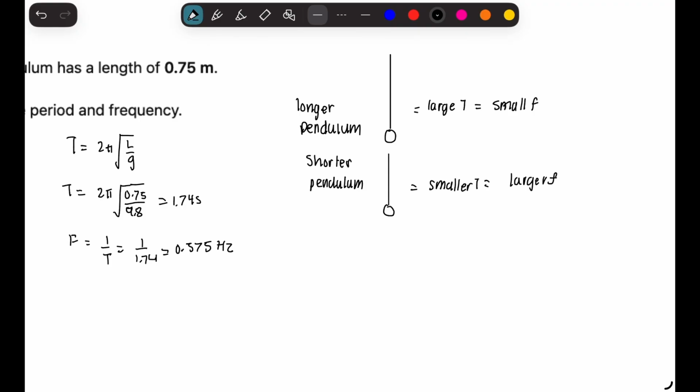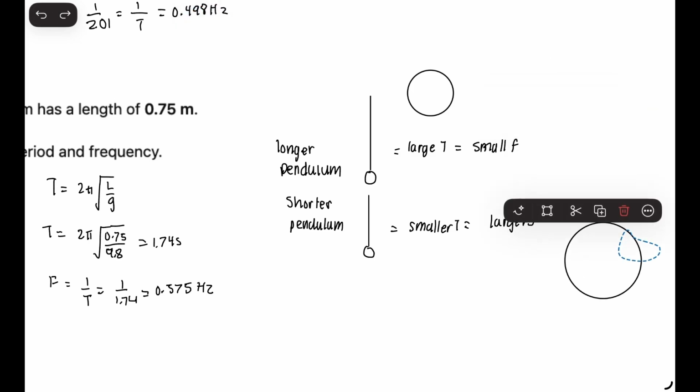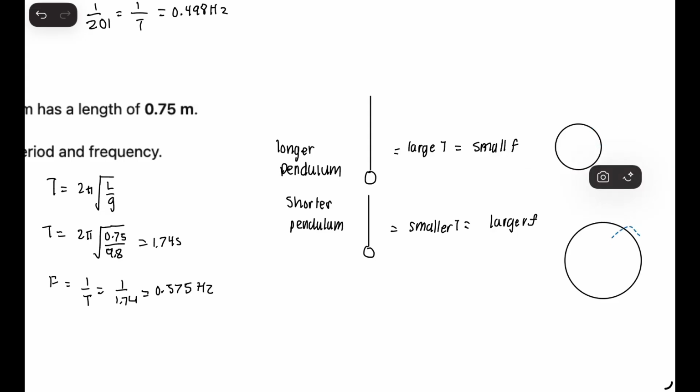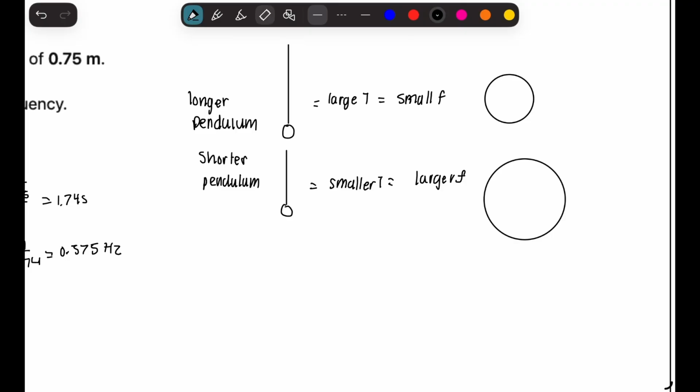You can think about this like a circle, in terms of rotational and angular velocity and the linear distance you're traveling. When you have a smaller circle, you're able to traverse the entire circle faster than a larger circle, because it has a smaller circumference and you can travel that rotational distance faster.